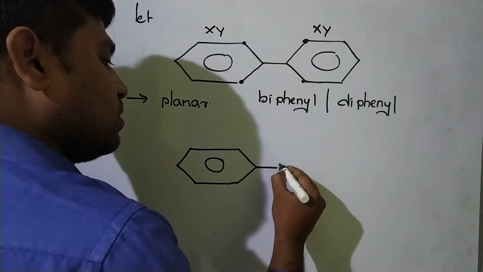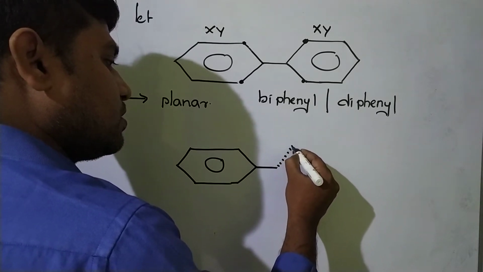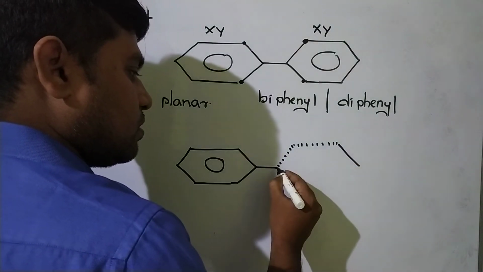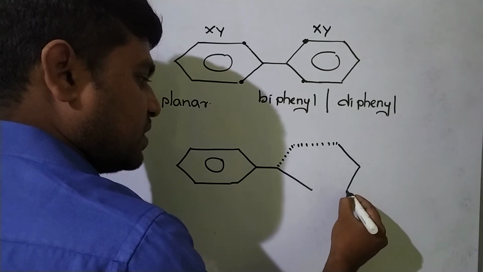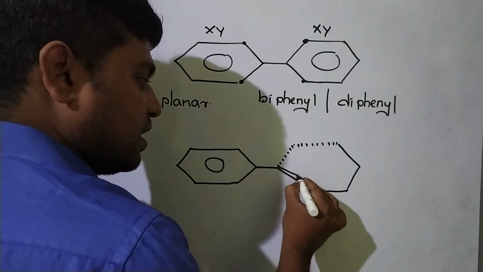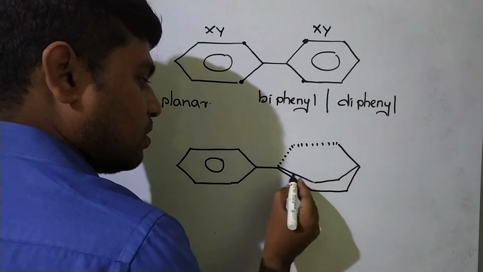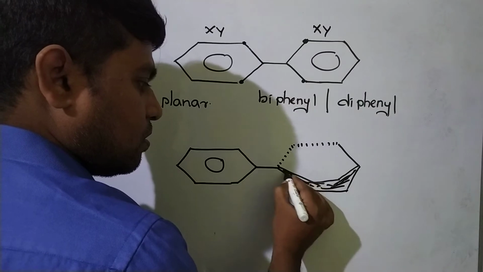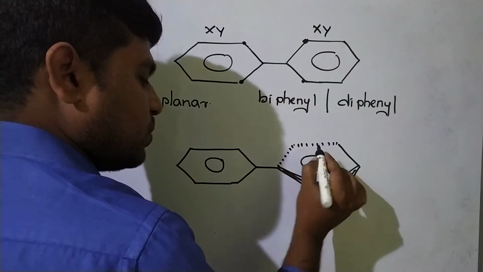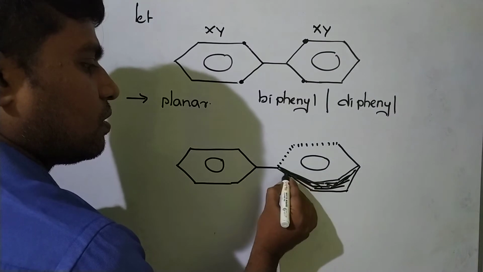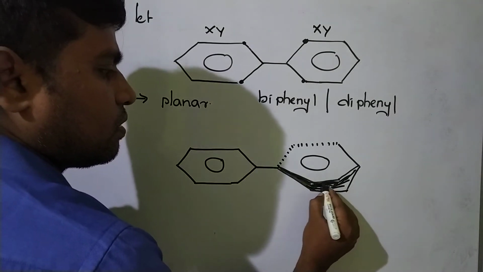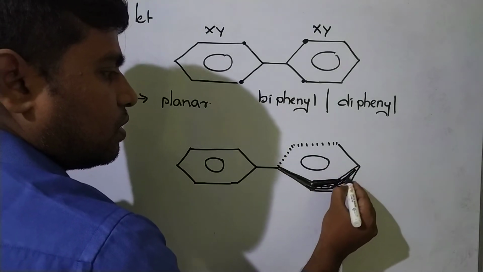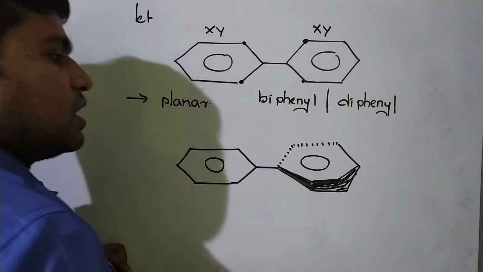Now see students, this is the benzene nucleus, the second benzene ring. Twisting takes place.